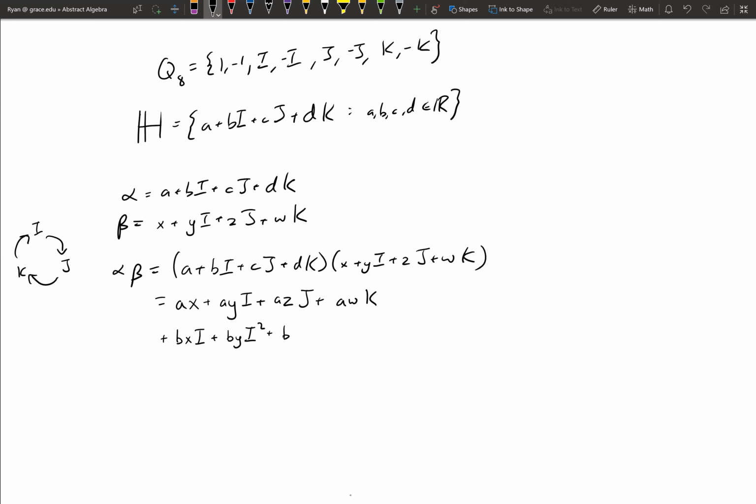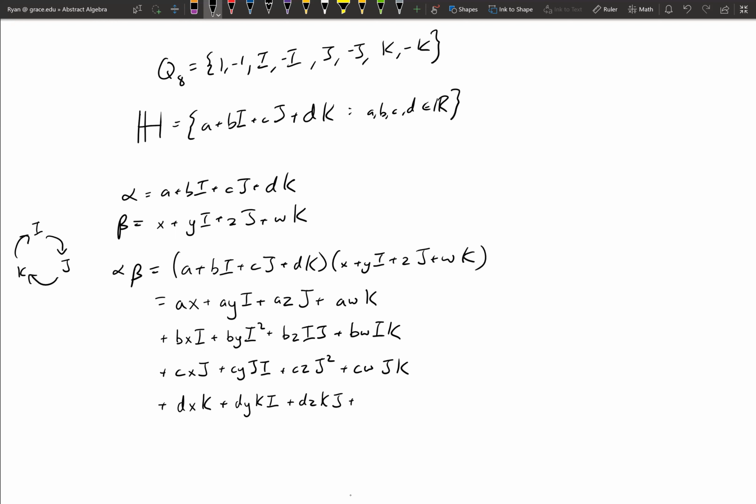Plus BZIJ plus BWIK plus CXJ plus CYJI plus CZJ squared plus CWJK plus DXK plus DYKI plus DZKJ plus DWK squared.